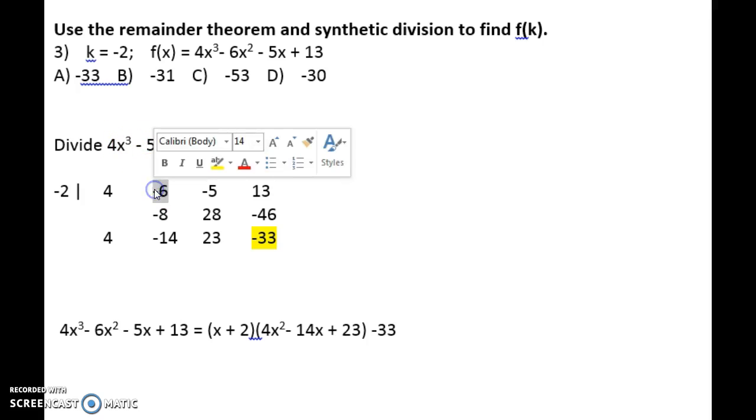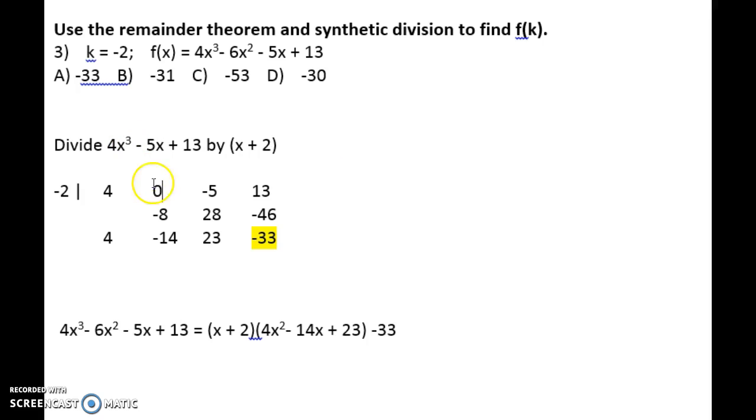So we'd put a 0 in for x squared, and then we'd continue with x to the first power, and then our constant term. But we have an x squared, so we just write the -6. But you want to definitely put zeros in if one of these spots is missing.